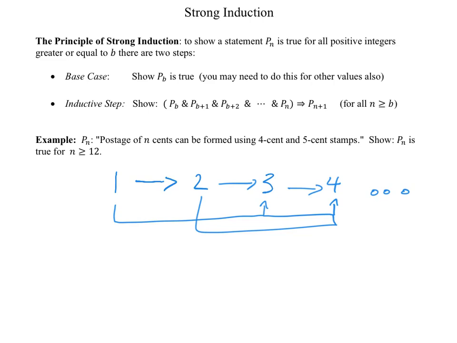So with either strong induction or regular induction, you'll get a bunch of statements and you'll be able to show they're all true by the methods. One might be more convenient than the other for different examples. So let's look at some examples.